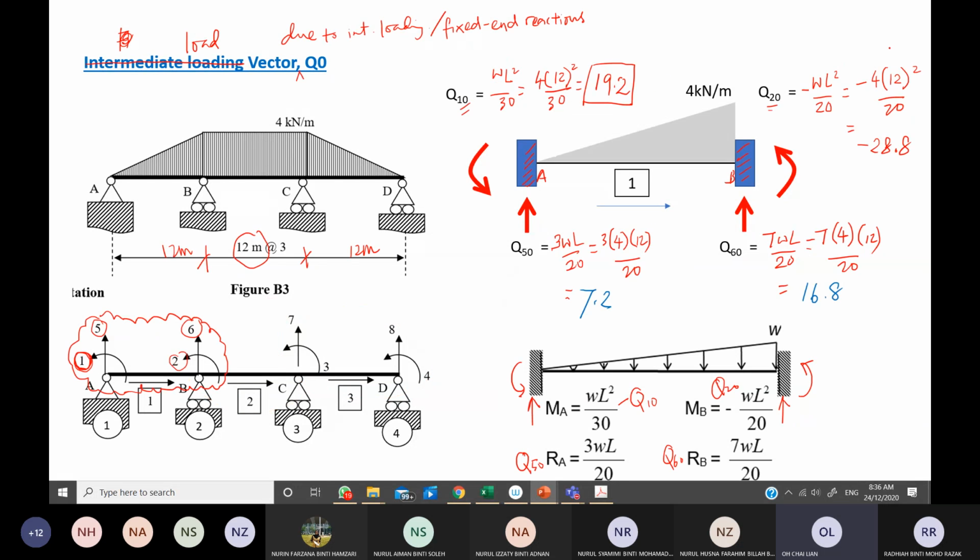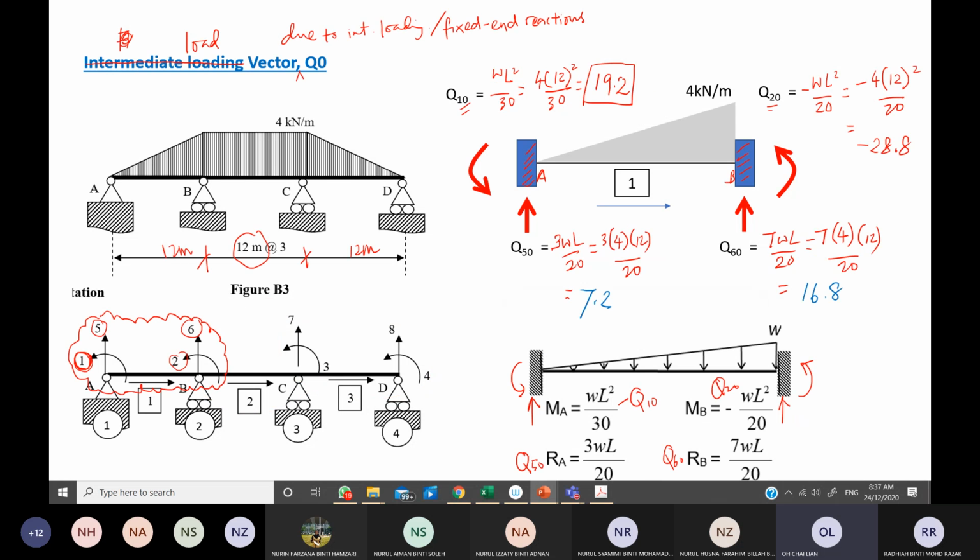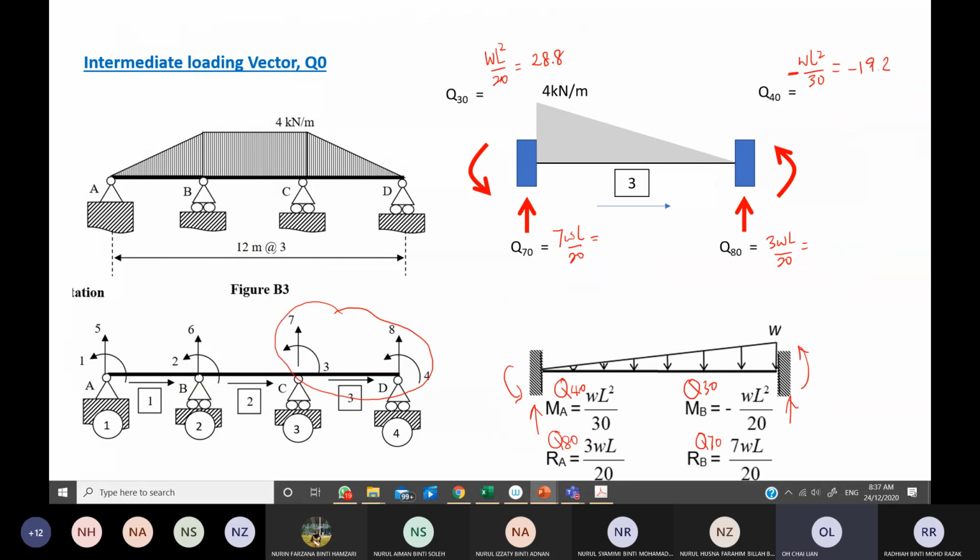Your Q2 node will be 28.8. And then 7.2 here, and another one is 16.8. So you can put in the units.